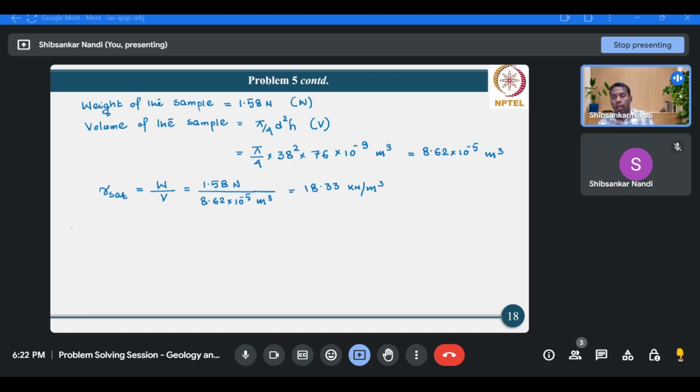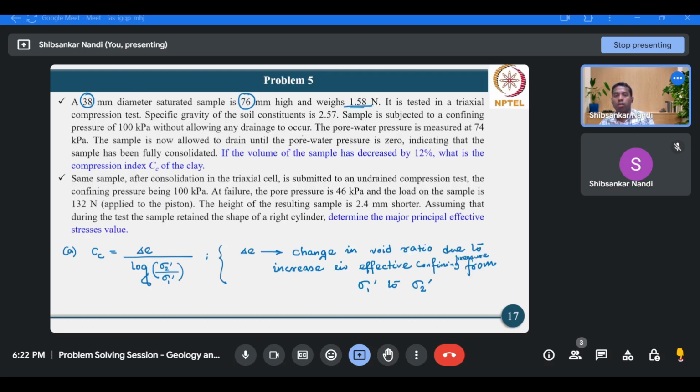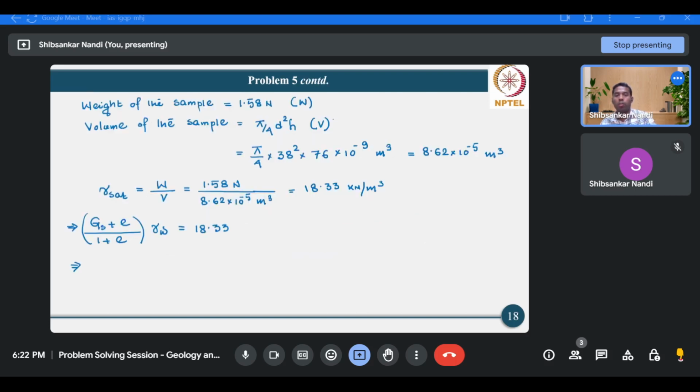Now, again we know that gamma sat is nothing but Gs plus e divided by 1 plus e times gamma w. So this is 18.33. And what is the Gs value for this problem? It's 2.57. So 2.57 plus e divided by 1 plus e would be 18.33 divided by 10.